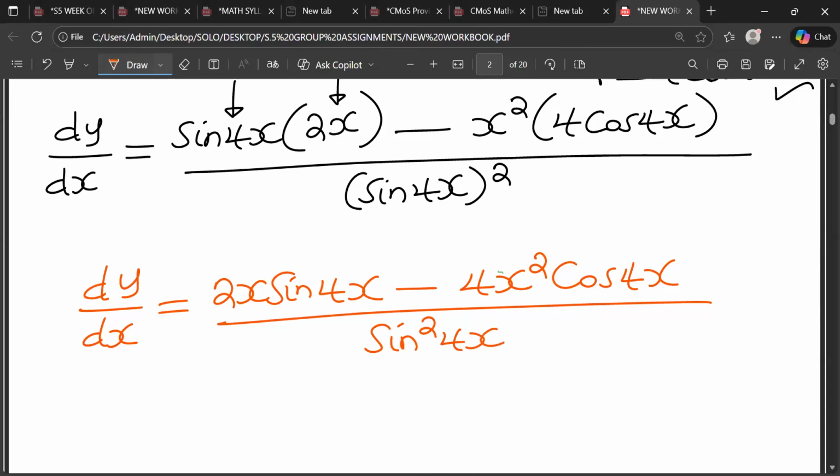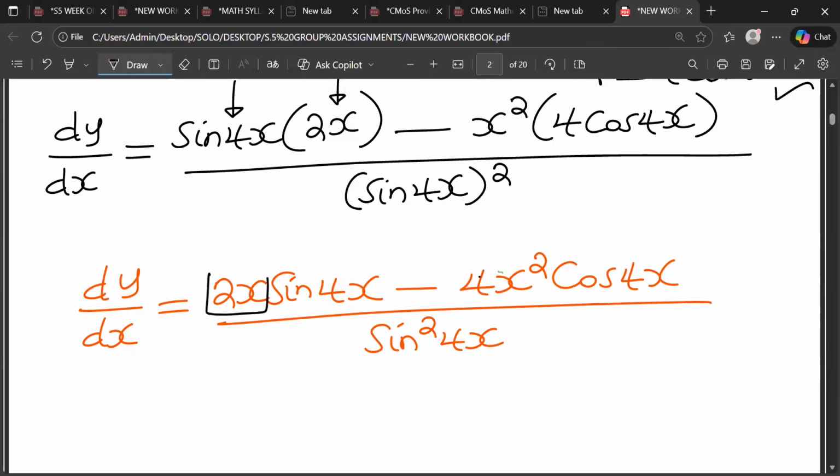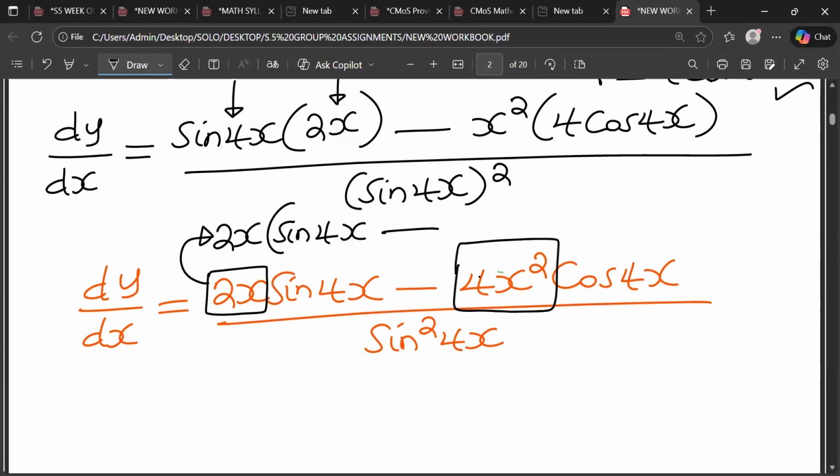So for these questions, someone may ask, but why don't we pull out 2x? Because it is common. When someone pulls out 2x here, they will remain with only sine 4x minus, and this one becomes 2x, then cos 4x.